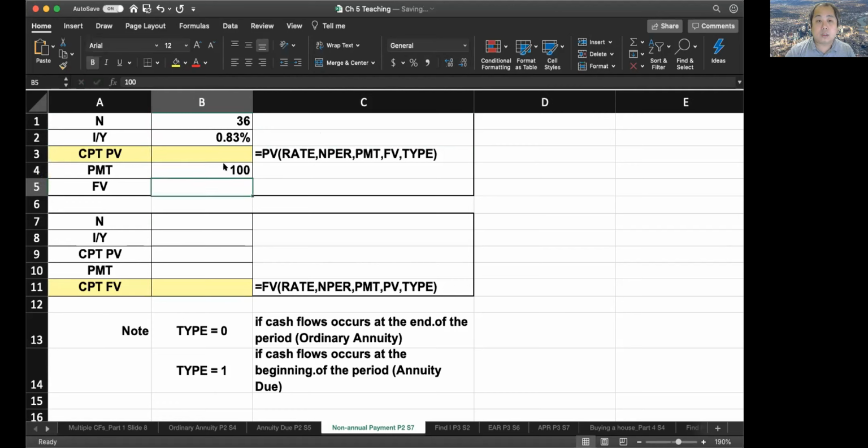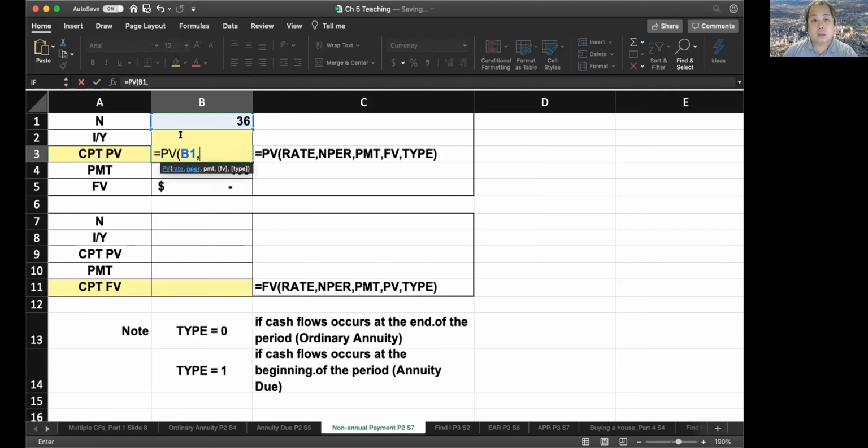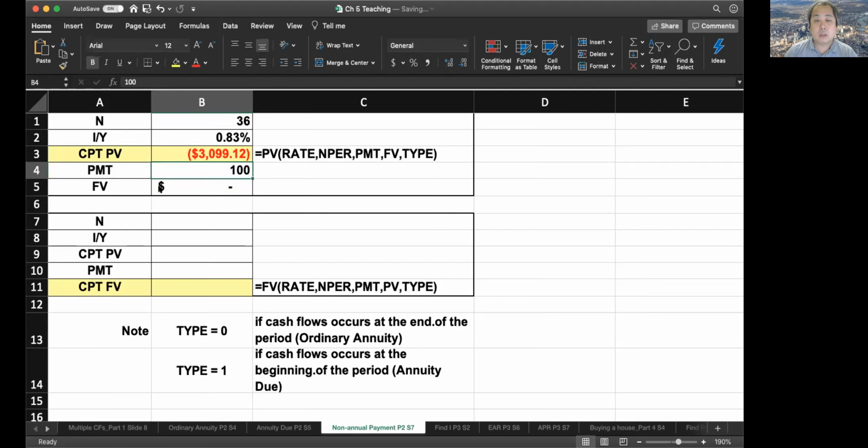Payment is 100, and future value 0. So interest rate, number of payments, PMT, and future value, and type is just 0, then $3,099.12.